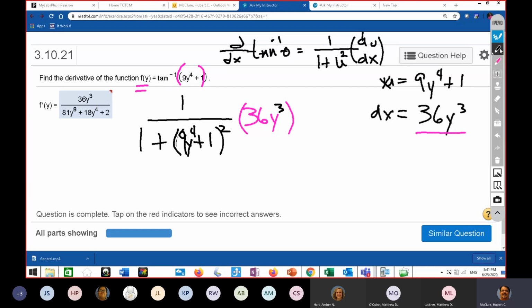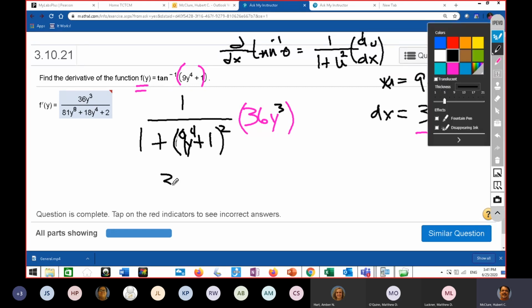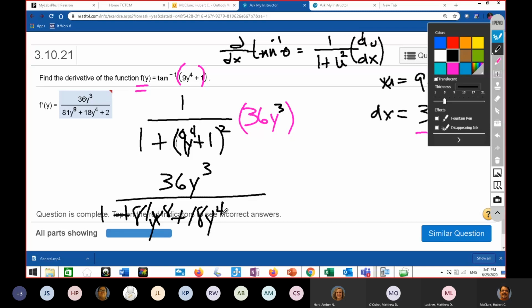All right, so now we got 36y cubed over 1 plus shortcut number 1. That'd be what? 81y to the 8th plus 18y to the 4th plus 1. Y'all check me on the shortcut.